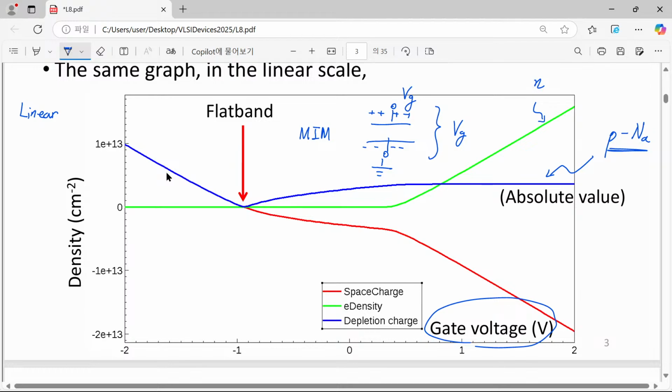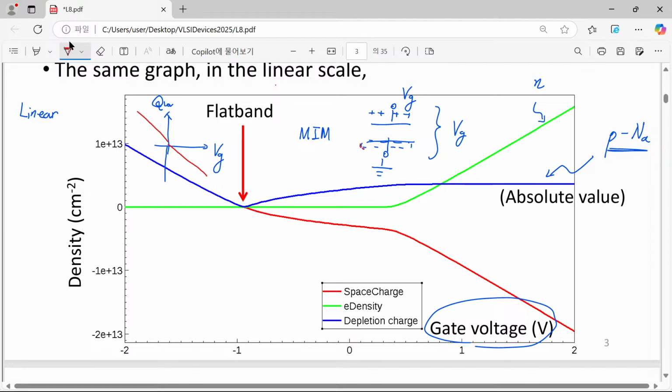So, for example, if we draw the charge collected in the lower plate here, then what you can expect is, if I apply positive bias, then I will have a negatively charged lower plate.